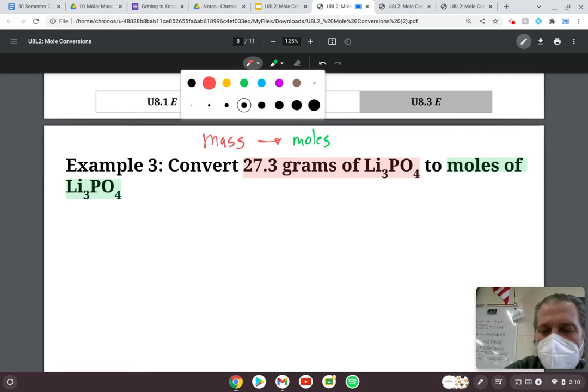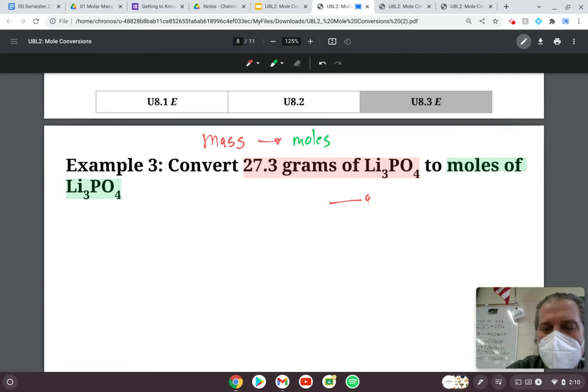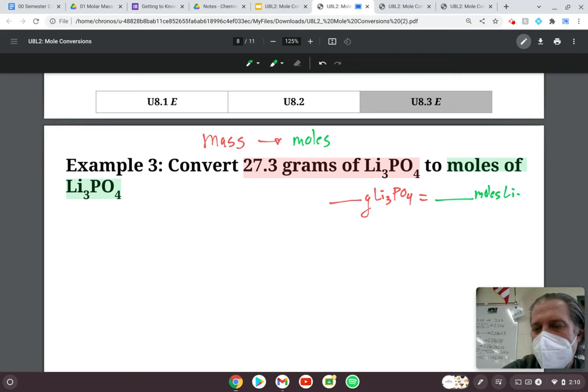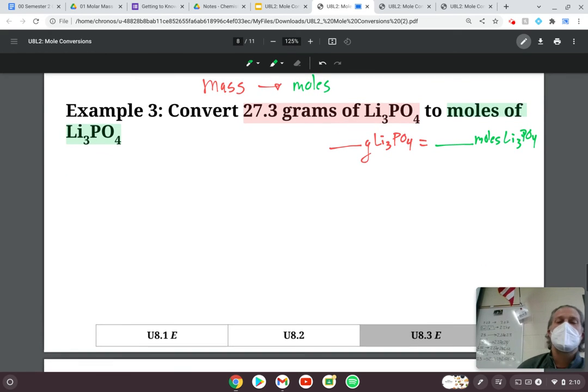In order to figure out the relationship between grams of Li3PO4 to moles of Li3PO4, I get grams from my periodic table. So that means I have to calculate the molar mass of Li3PO4 first.